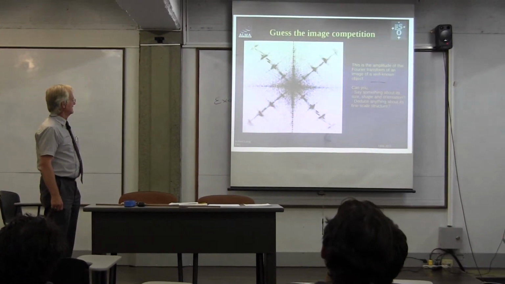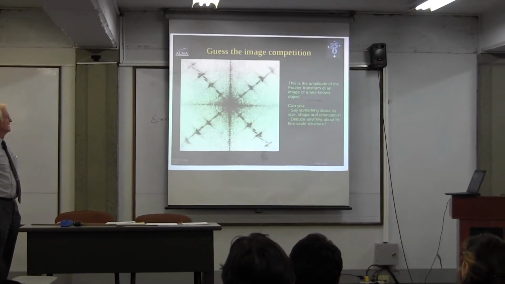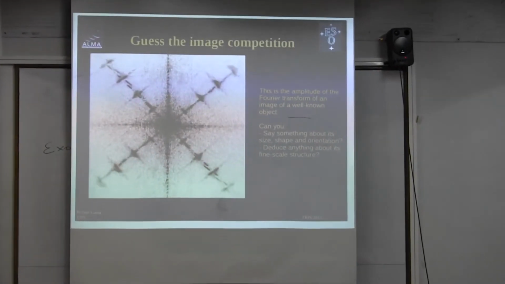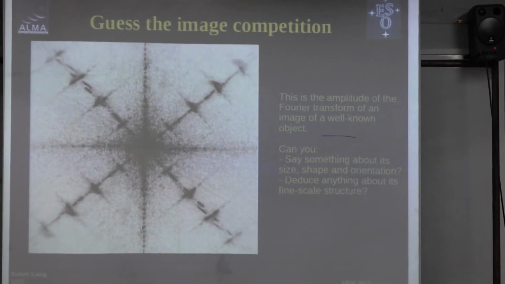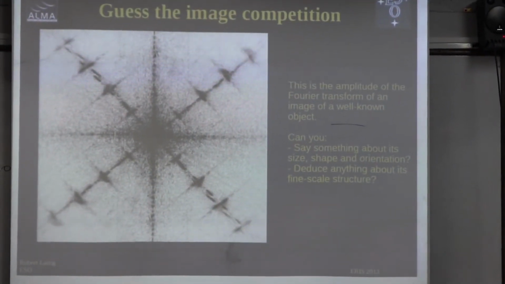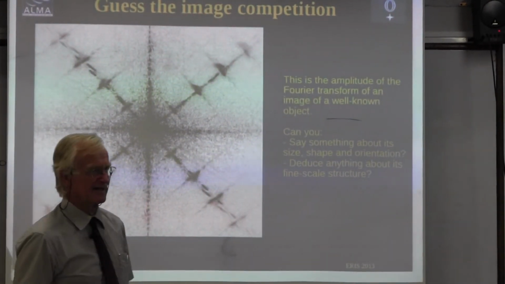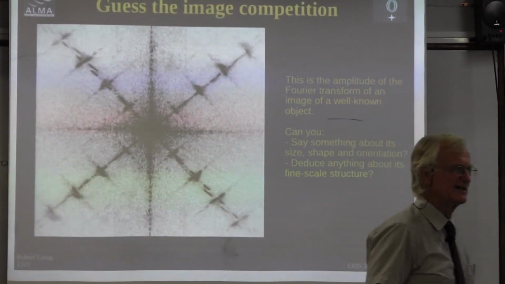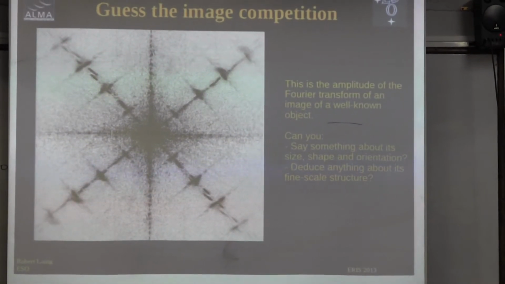A good question. Can someone tell me what this is? It's only the amplitude of an object of which we made a nice picture, and we threw away the phases and then made a nice picture of the amplitude.